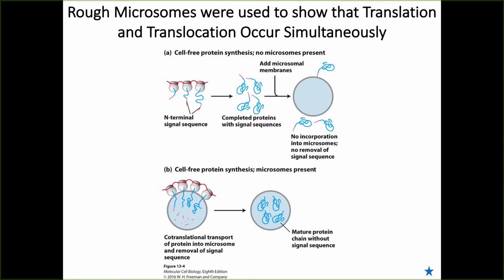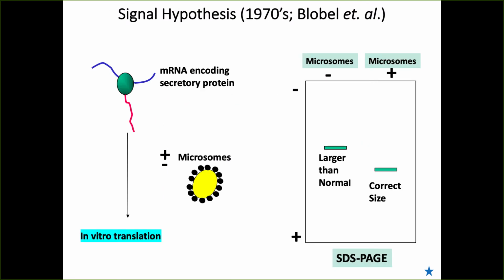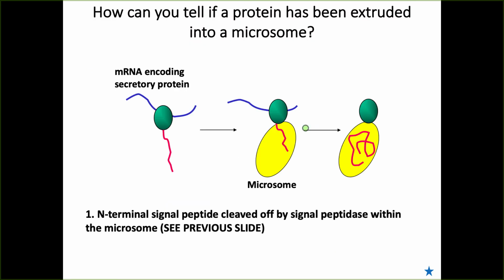So what I'm trying to say is that the movement of this protein into the endoplasmic reticulum needs to happen simultaneously as the protein is being translated. The movement of the protein inside the microsome is known as translocation of a protein.